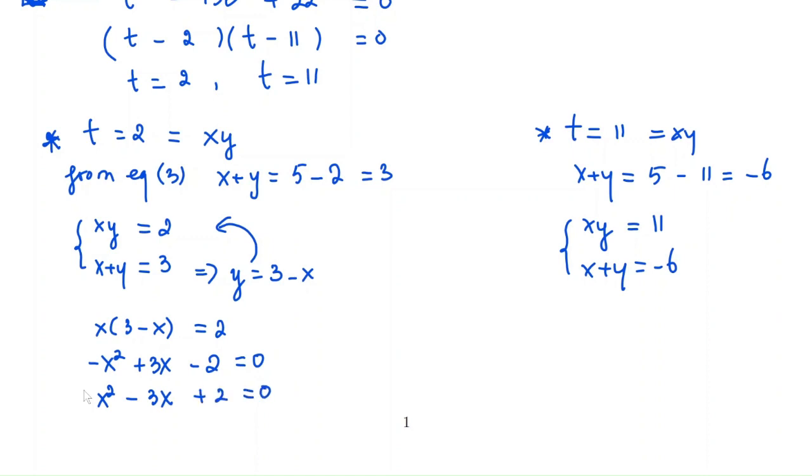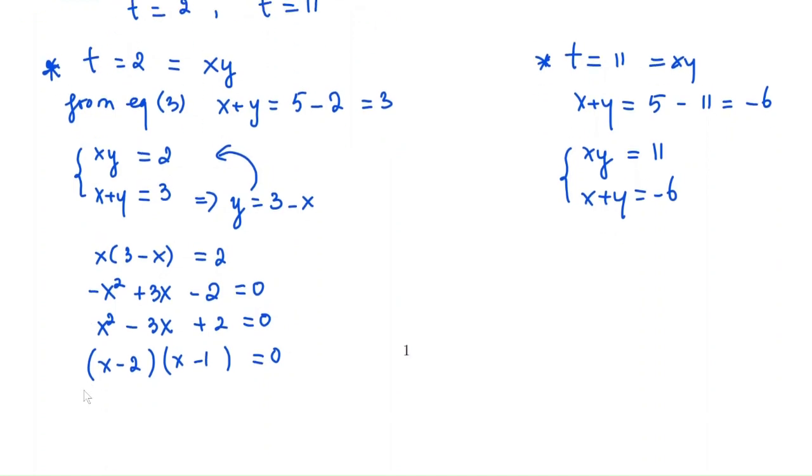And then factor this out. This would be x minus 2 times x minus 1. Then we would have the solution x equal to 2 or x equal to 1. And we know that y is equal to 3 minus x.